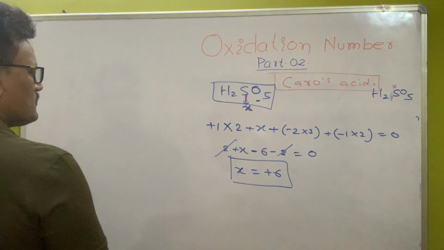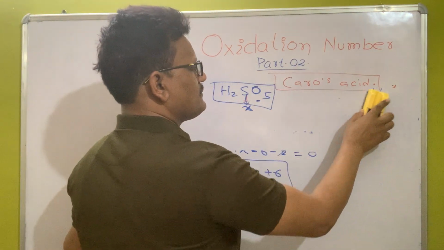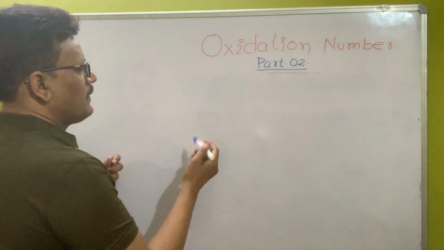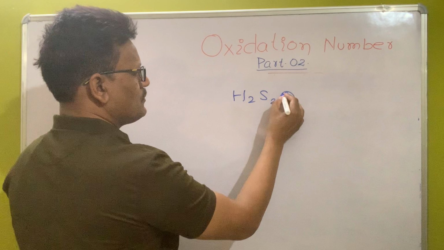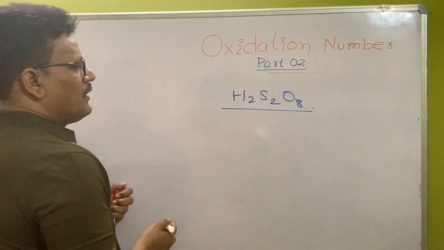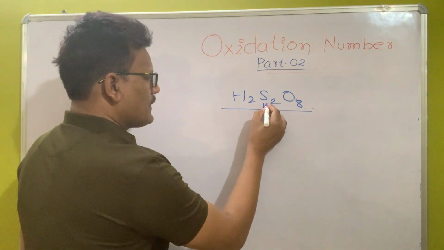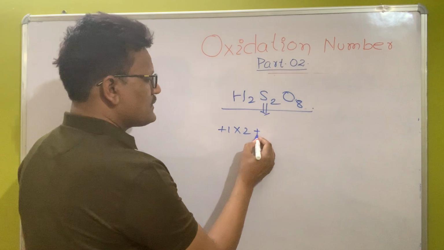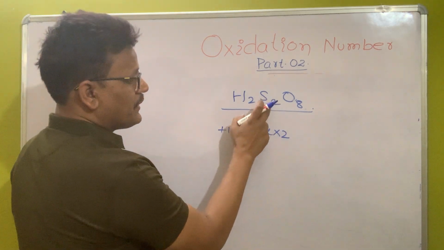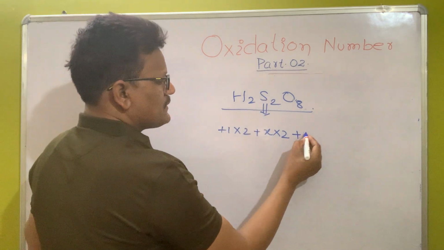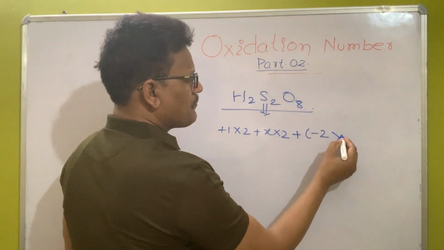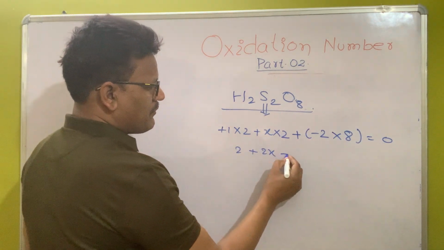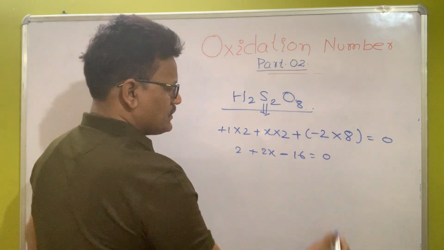Now, what about H2S2O8? If we calculate using the general concept, we have +1 multiplied by 2 plus X multiplied by 2 because we have two sulfur atoms, plus -2 for each oxygen atom multiplied by 8 equals 0. 2 plus 2x minus 16 equals 0.